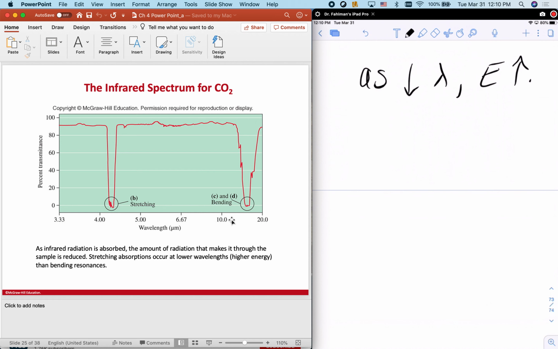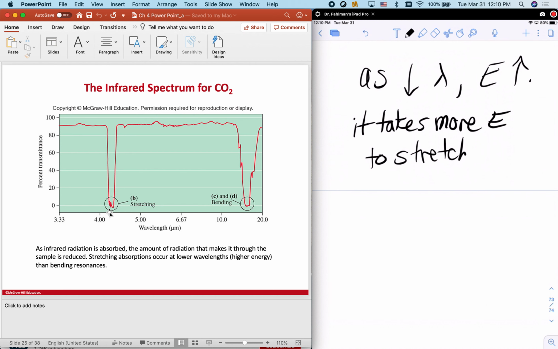And as you decrease the wavelength, the energy is going up. What that means is that it takes more energy to stretch bonds than to bend them. So bending is down at the higher wavelength, low energy region, so bending is easier to do on a molecule than it is to stretch.